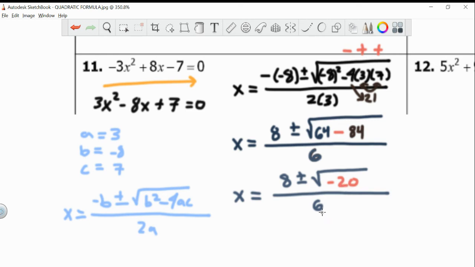Okay, so now, just like we did before, we need to handle this portion, the square root of 20, and see if we can simplify this. But it's not just the square root of 20, it's the square root of negative 20. And so what I would recommend, and what we used to do, is take this negative and pop it out front as an i.